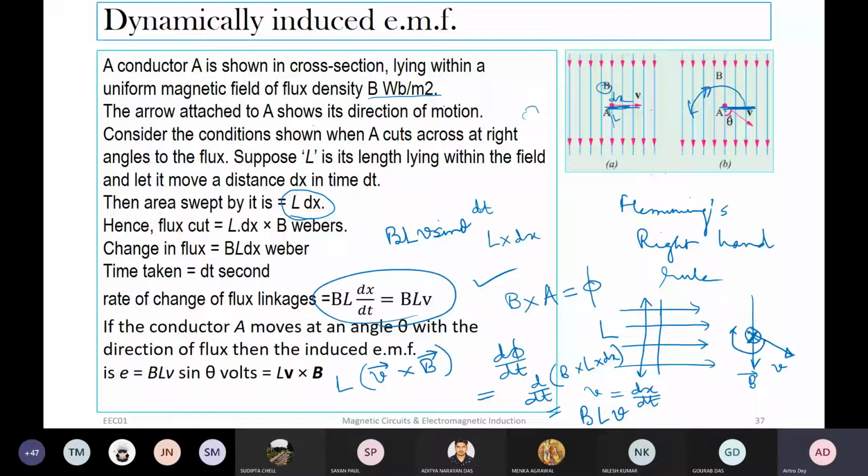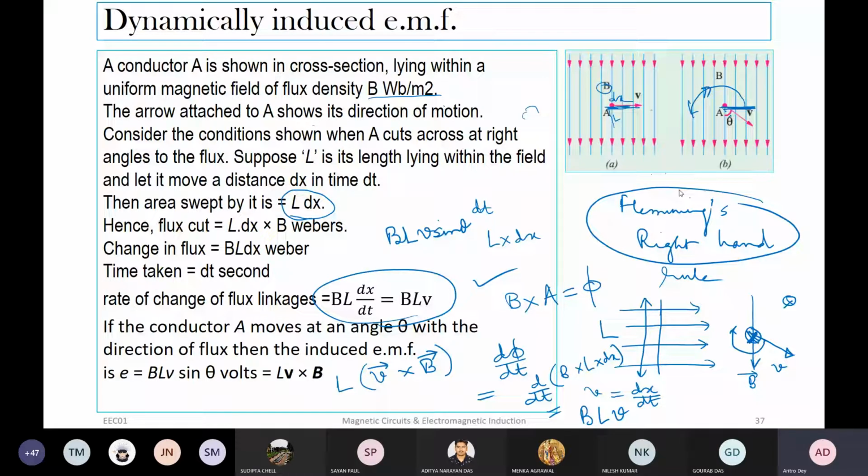So if you relate it with Fleming's right hand rule, then you can cross check. What is your right hand rule? The direction of the motion is along your thumb, and your index finger will indicate your field.